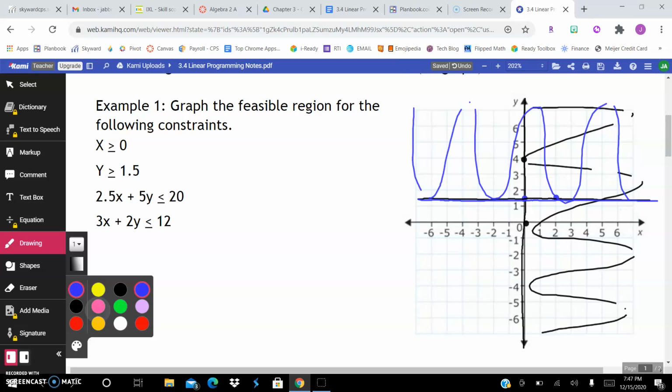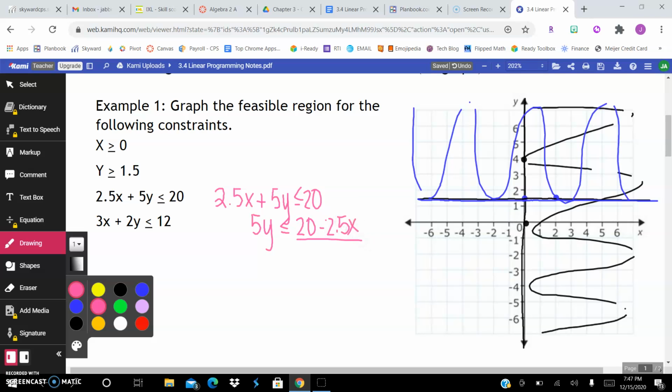For our next constraint, we're going to have to solve for y so that we can graph it. So I'm going to subtract 2.5x from both sides. I'm going to have 5y is less than or equal to 20 minus 2.5x.